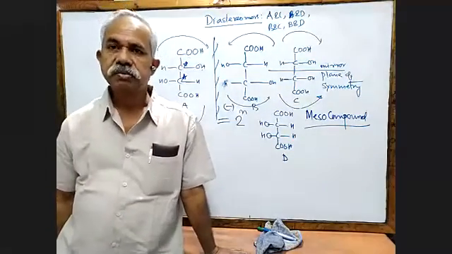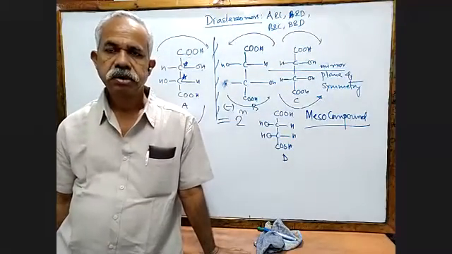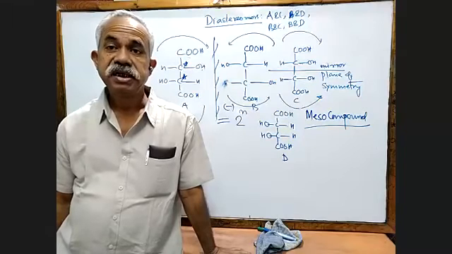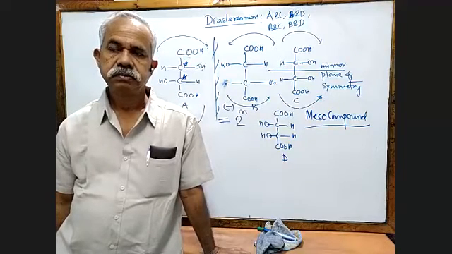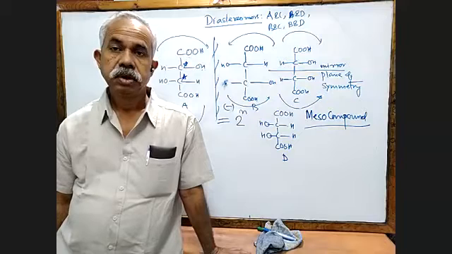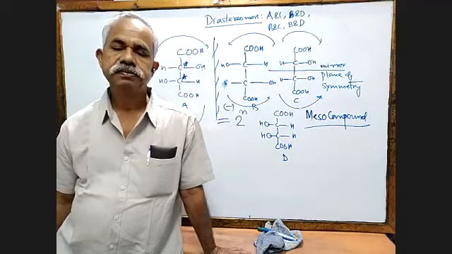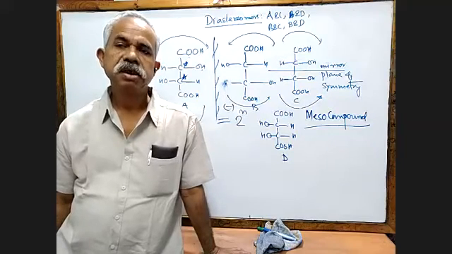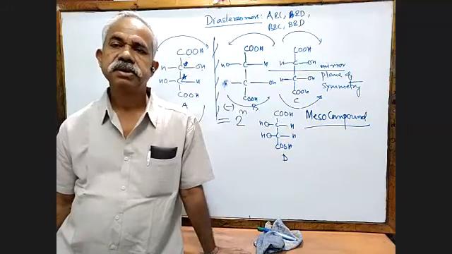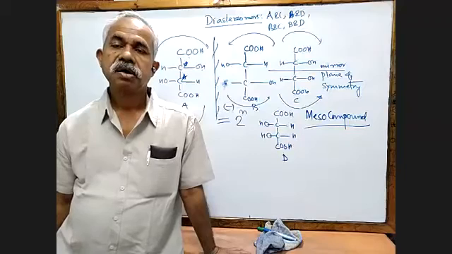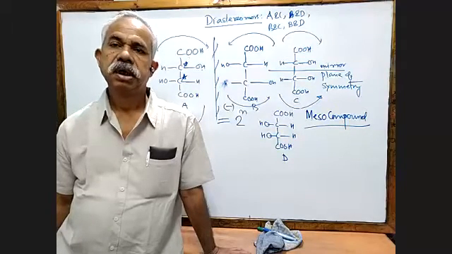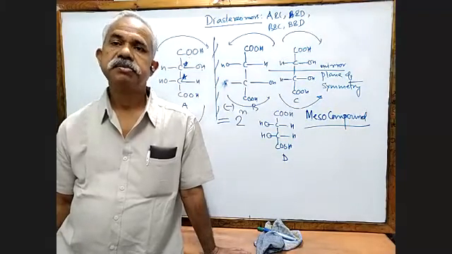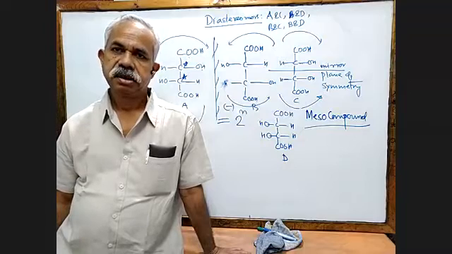Those optical isomers which are neither superimposable nor mirror images of each other are called diastereomers. You can please repeat.